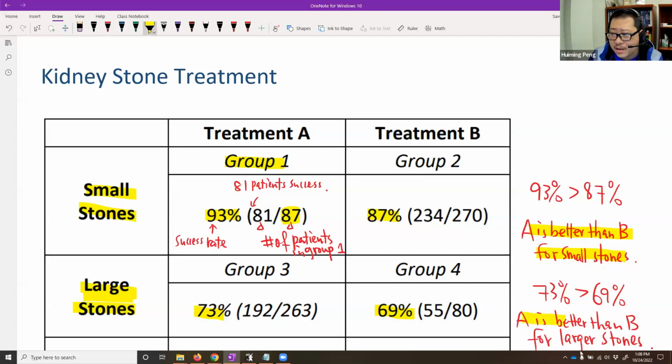What does that mean? Finally, it means no matter whether the patient has a large kidney stone or a small kidney stone, the patient should choose treatment A, right? Because based on the data, treatment A is always better than treatment B. Is that true? Do you think so?